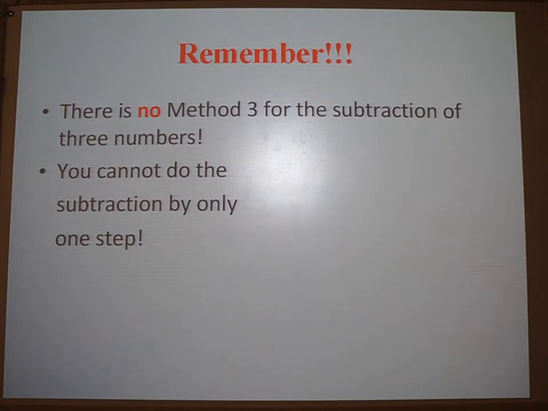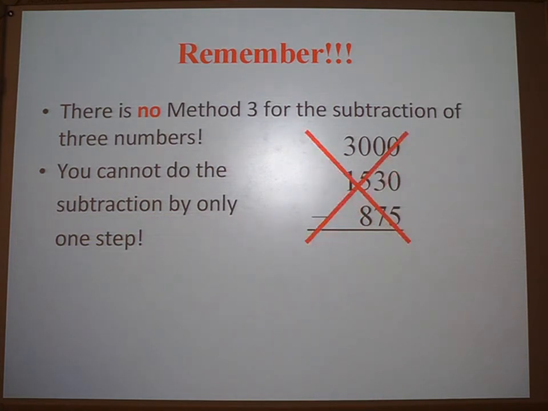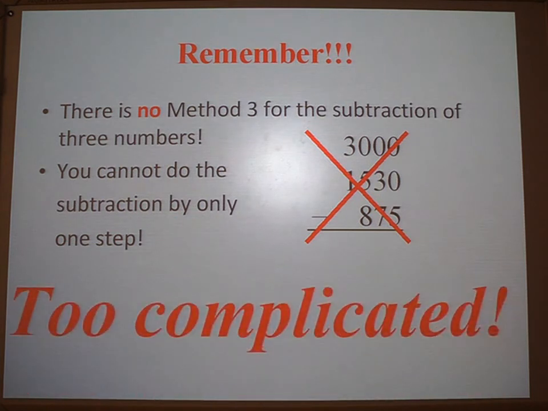You cannot do the subtraction by only 1 step. What does it mean? 3,000 minus 1,530 minus 875. We cannot do the subtraction of three numbers in this way. Why? Because it is too complicated.